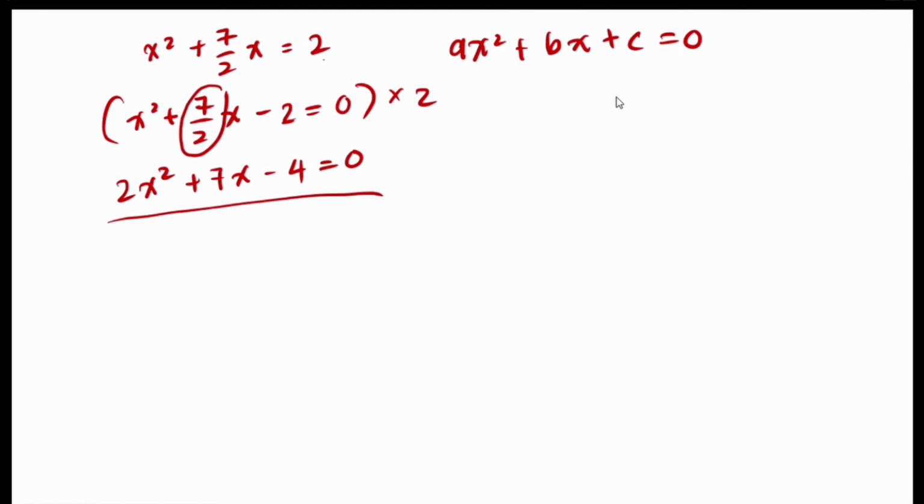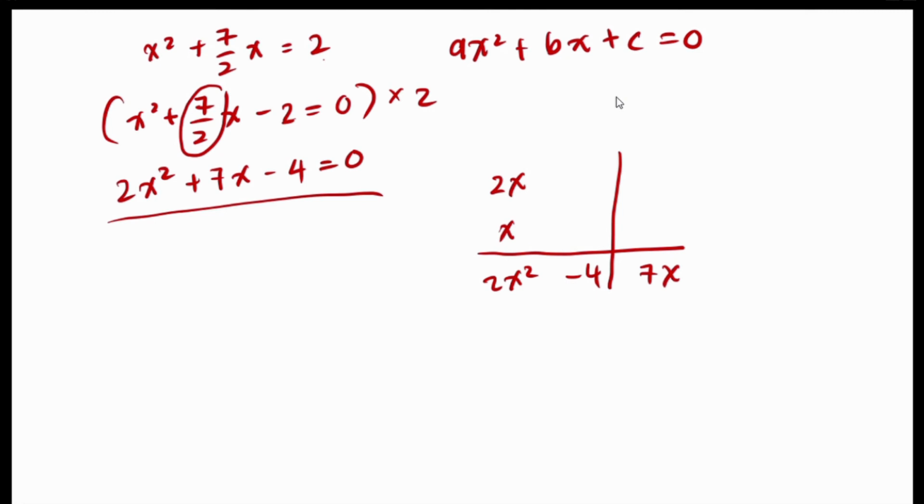So just factorize. Okay, 2x squared plus 7x minus 4. So 2x and x. Okay, 4 is 2 times 2 or 1 times 4.